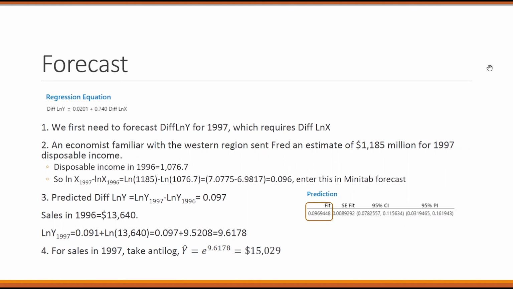I put it here for those of you who are interested. I can definitely provide more explanation. Somewhere in this calculation it shows that the value to be entered for the x variable in the new model is 0.096, with detailed explanation there. Eventually, the forecast for 1997 is $15,029. That's the forecast of sales for Sears in 1997.